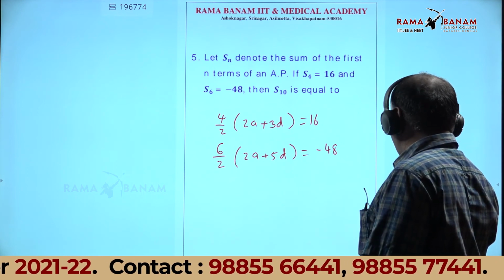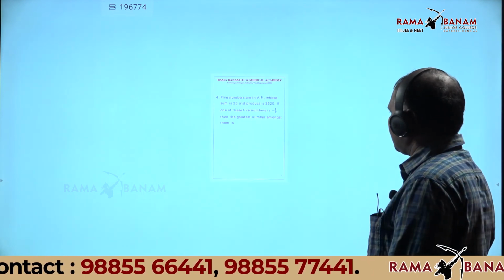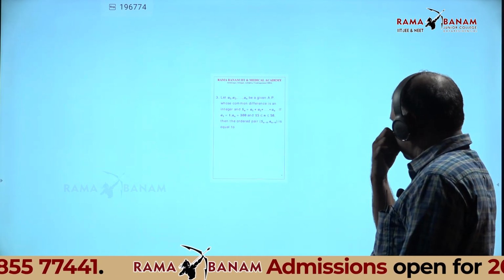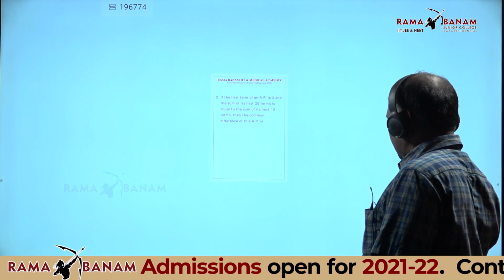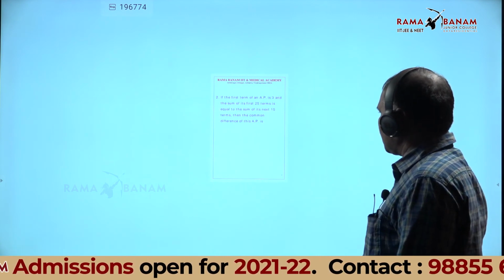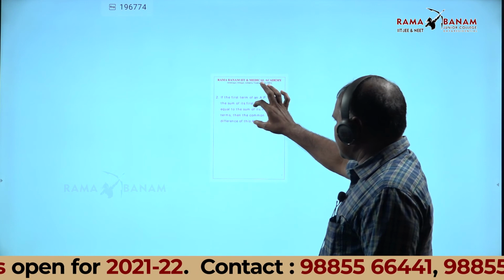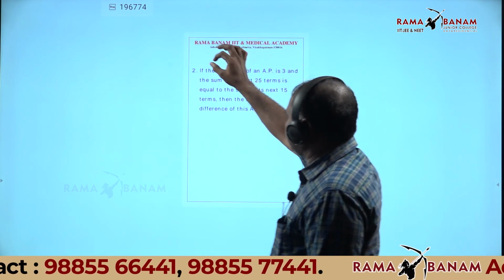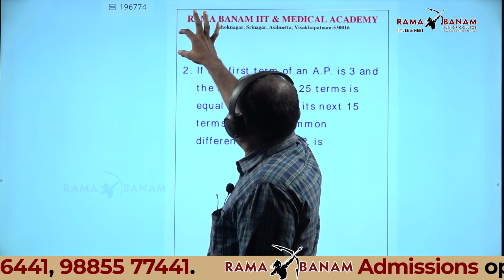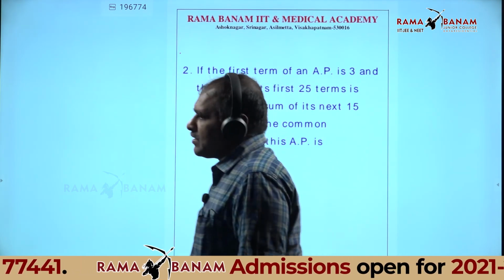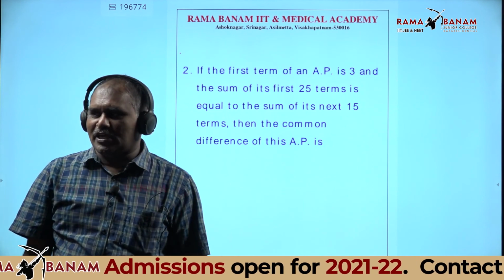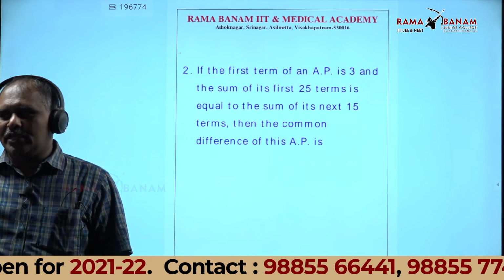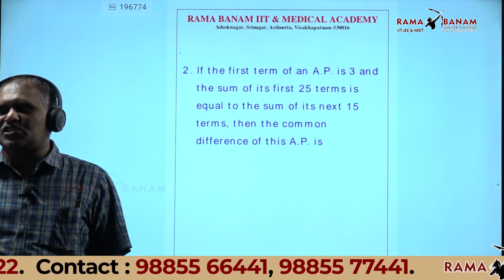After that, note down one more. If the first term of an AP is 3, the sum of the first 25 terms is equal to the sum of its next 15 terms.